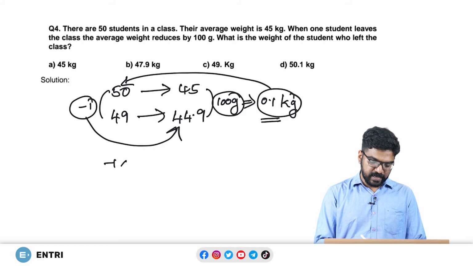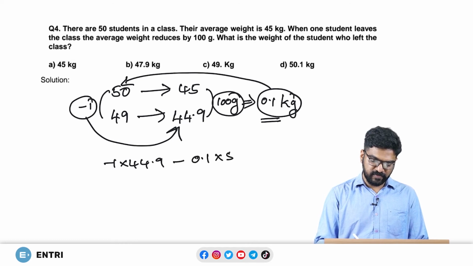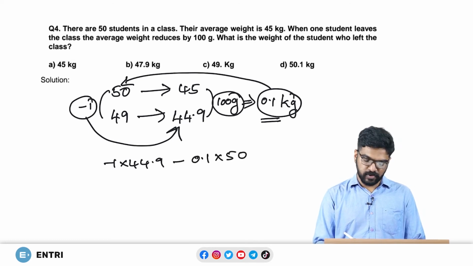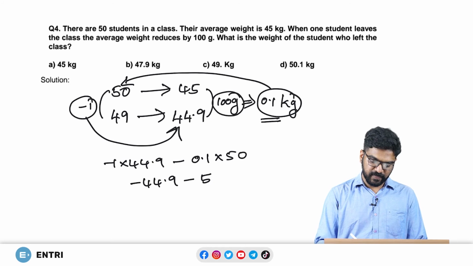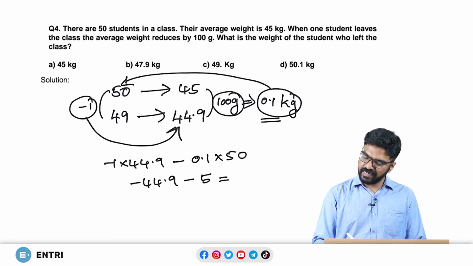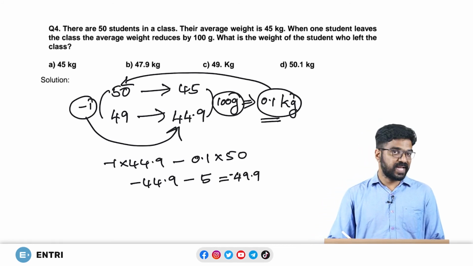So -1 into 44.9 minus 0.1 into 50. So what we get is minus 44.9 minus 5. So the resultant value will be nothing but 49.9.